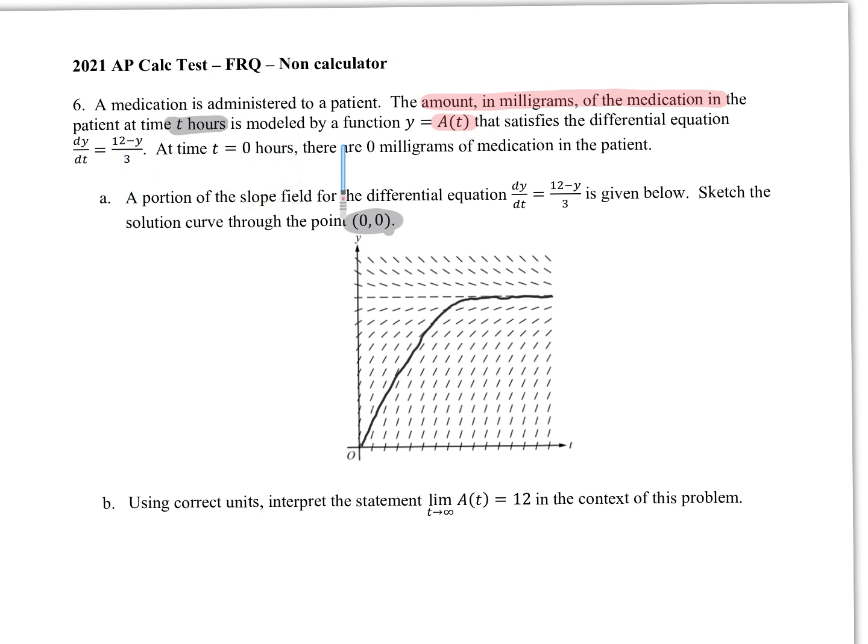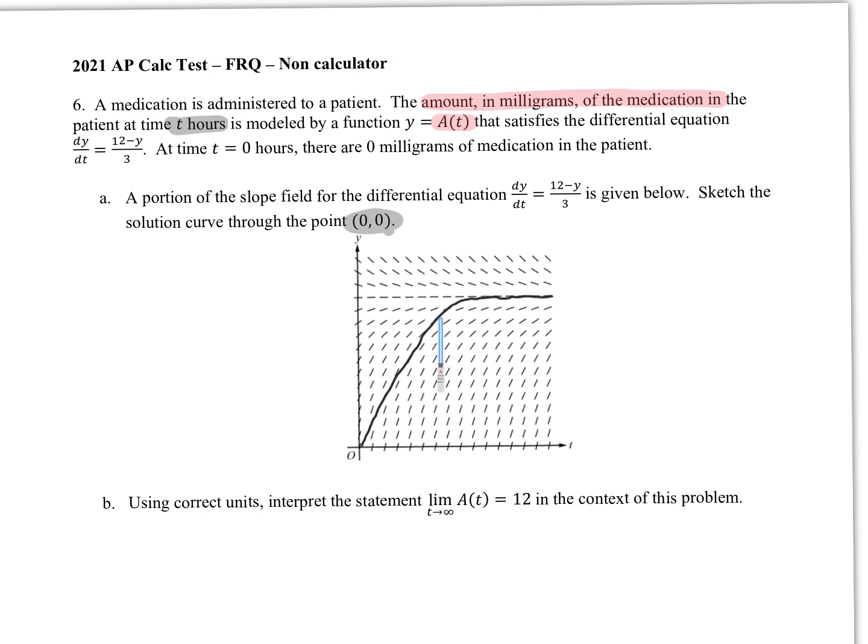At time t equals 0, there are 0 milligrams of medication in the patient. Using correct units, so we got to use these words that they've talked about, interpret this statement. The limit as t goes to infinity, t is hours, of A of t equals 12. And I believe that this is just 1 point.